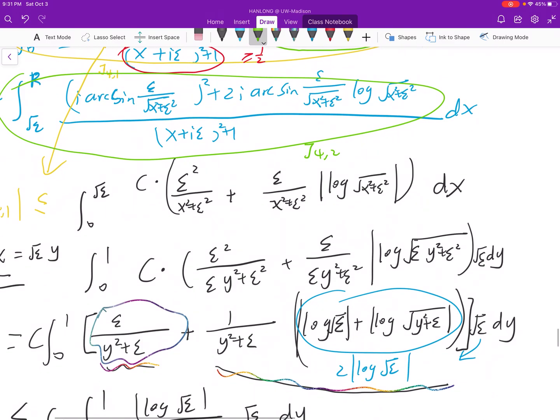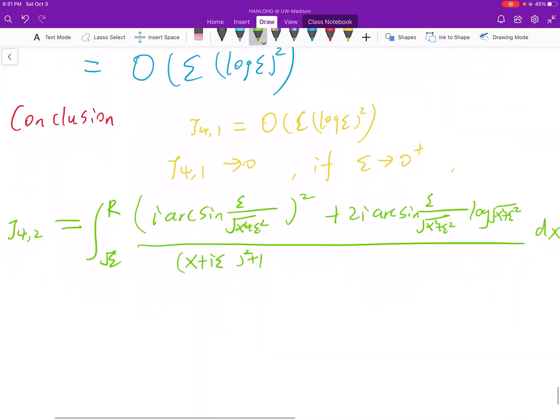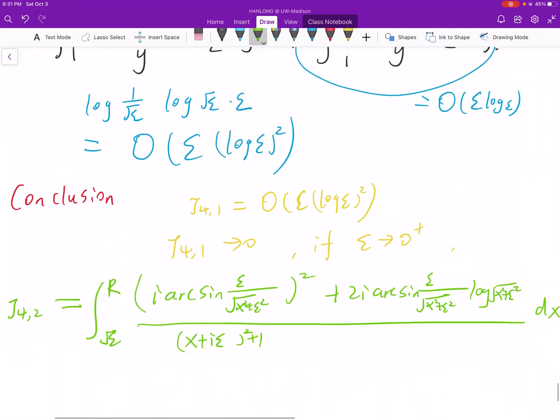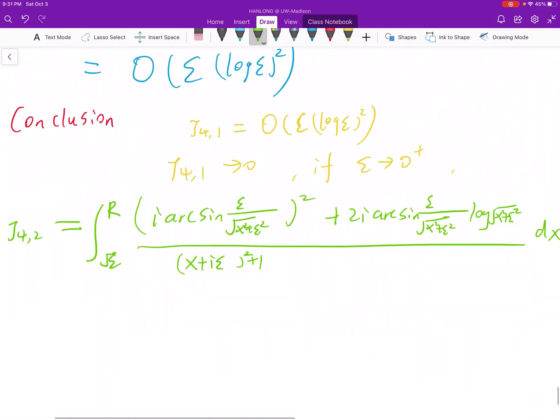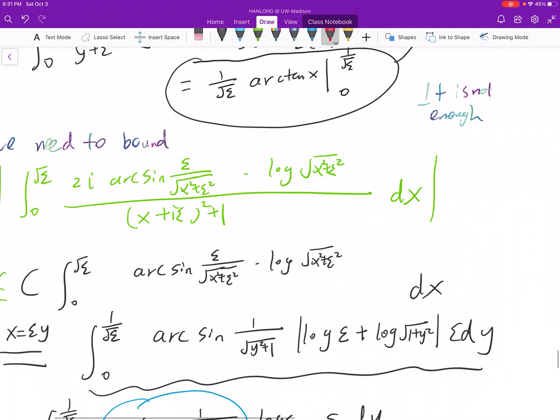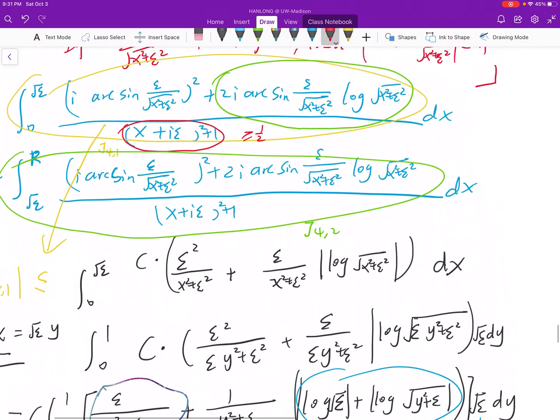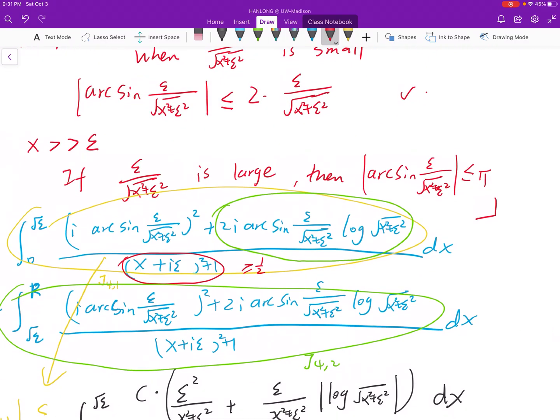Oh, I see. For J41, sorry, for J41, it's much easier because here this is bounded by a constant, this is bounded by a constant, this is of size log epsilon. So totally it's square root epsilon log epsilon of this size.